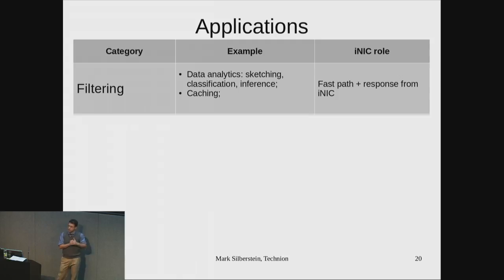But then you do the heavy lifting for the rare cases where you actually need some handling of this stuff on CPU. You can think about data analytics workloads that just do some statistical analysis on the data. Caching, for example, is a classical example of this kind of filtering, and at the end of this talk, I will show how to build a little memcached cache that does exactly that.